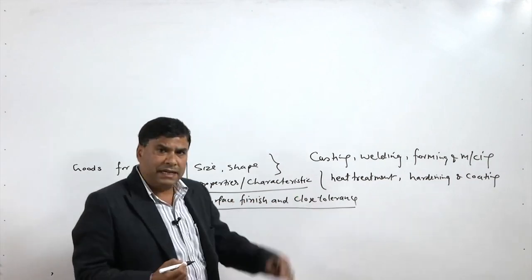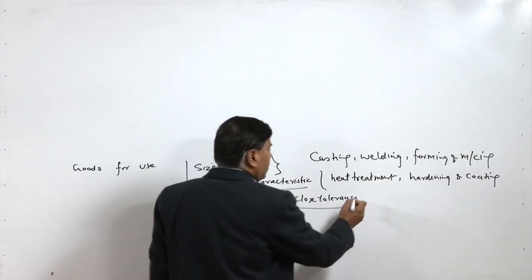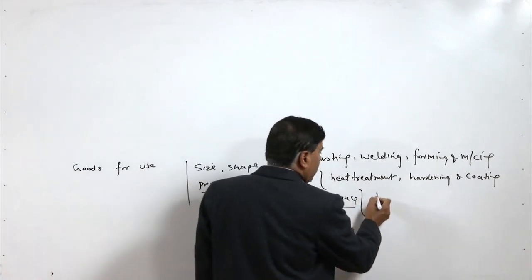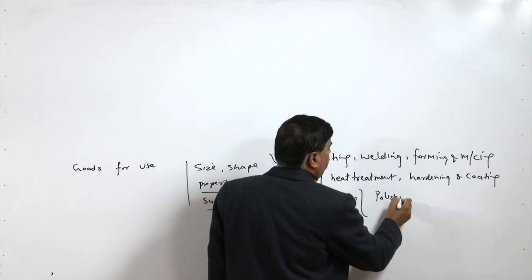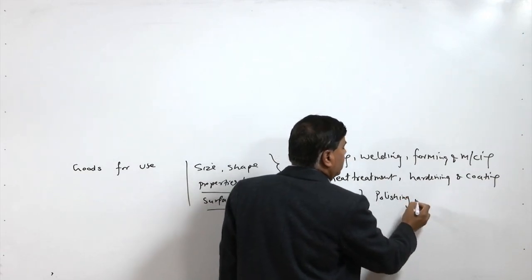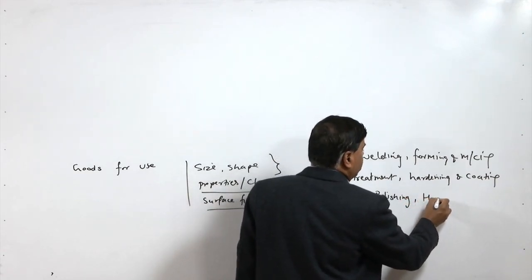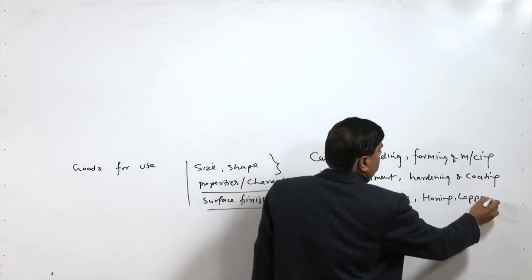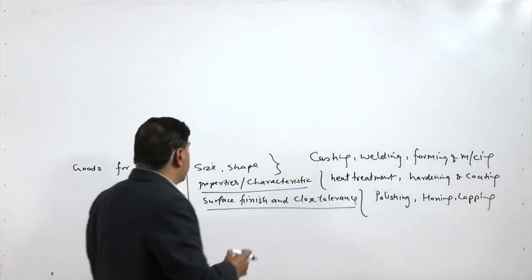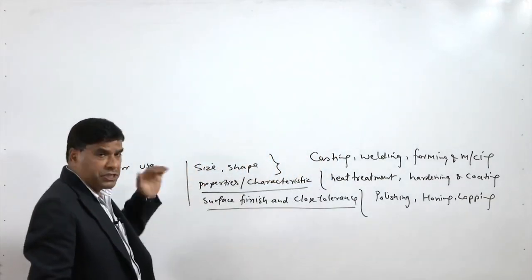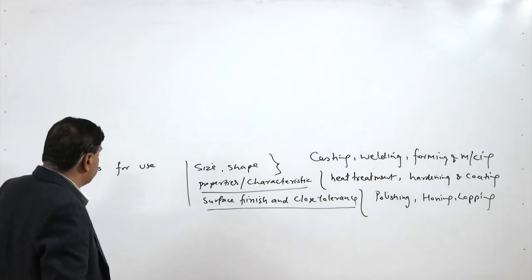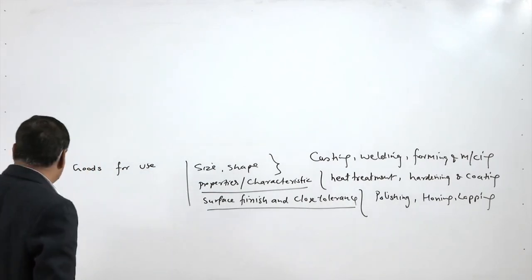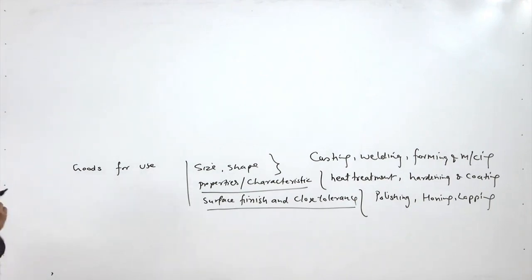For achieving the desired degree of finish and close tolerance, the super finishing processes are used, for example polishing, honing, lapping. These are some of the processes used for achieving these three functions related to the production of any goods usable for service.